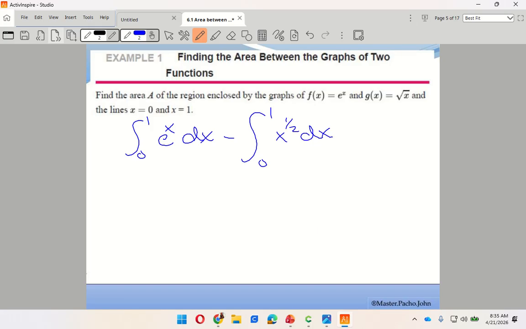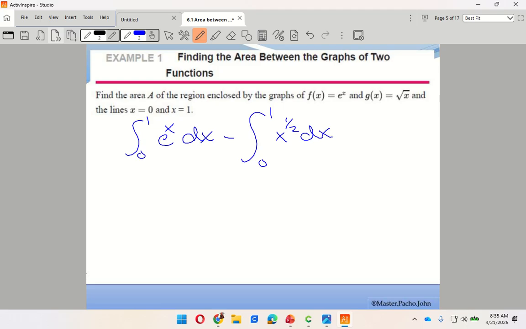How do I know it's like that? This is the key. How do you know which one's on top? It's always top minus bottom. Which one's which? You don't know? Okay, do we know a couple values?